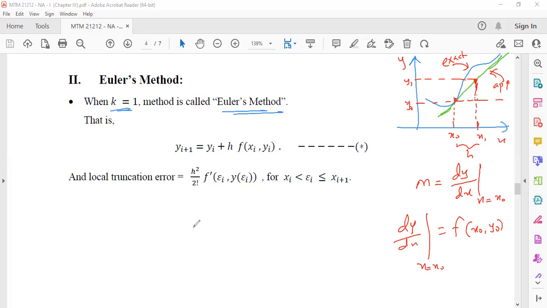If we know m, it is y1 minus y naught divided by x1 minus x naught, which is equal to f(x naught, y naught). Am I right? I'm just writing for m. M is our, what do you call it in a line?